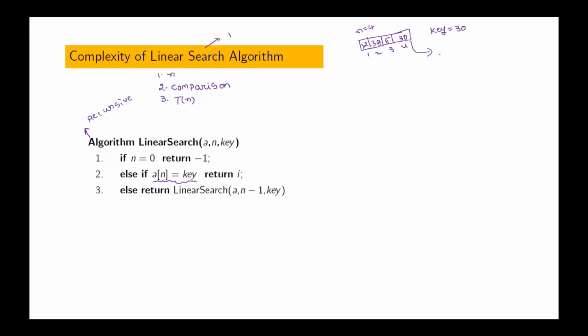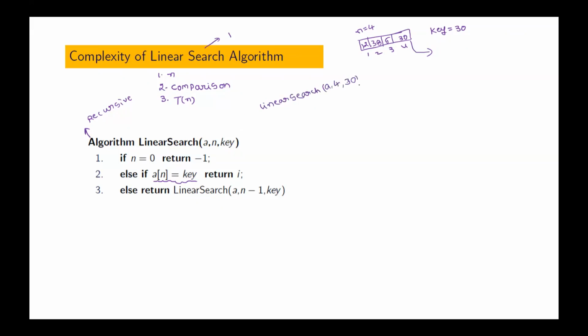4 times? No. So please check this algorithm, the variant which I have given here. According to the pseudo code given here, how many times is this operation performed? Our initial call is linear search, array name, n, whatever be the value of n, 4, and the key is 30.